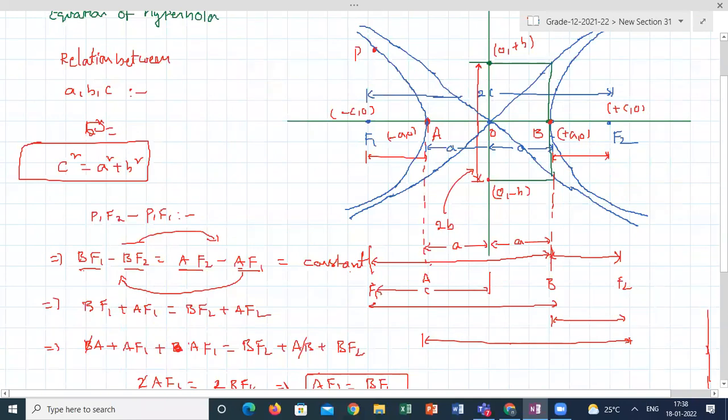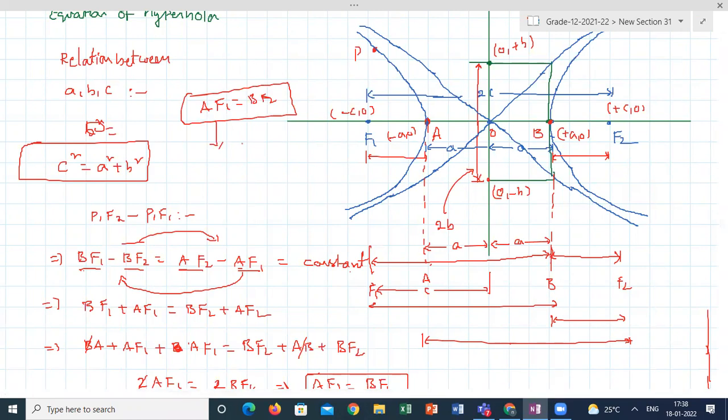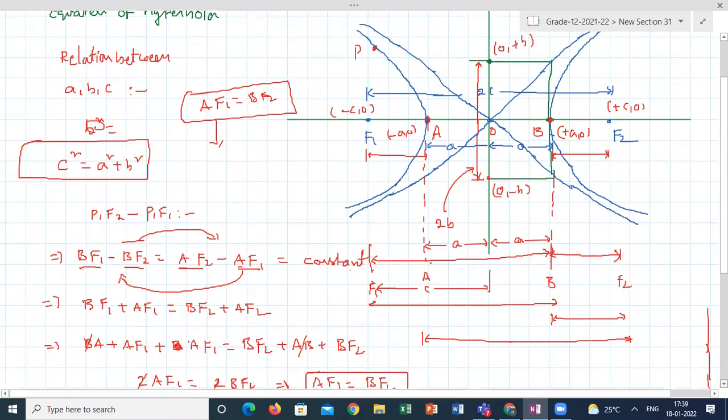But we don't know whether AF1 is equal to BF2. That we don't know. That's the reason we are doing this proof. Usually we know the focal length is constant, but we don't know that now. How can we say the focal length must be the same for both the curves here?